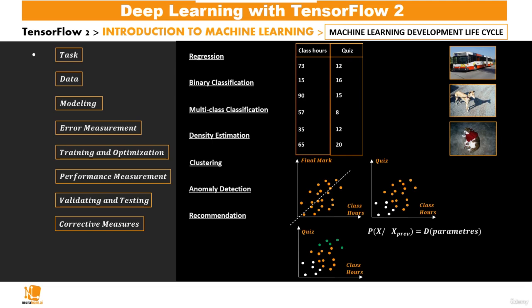The aim of this section was to make you understand exactly which kind of model or which kind of algorithm you shall be using depending on the task you have at hand. So whenever you have an idea or whenever a problem comes up, you should be able to know whether it's any of these.